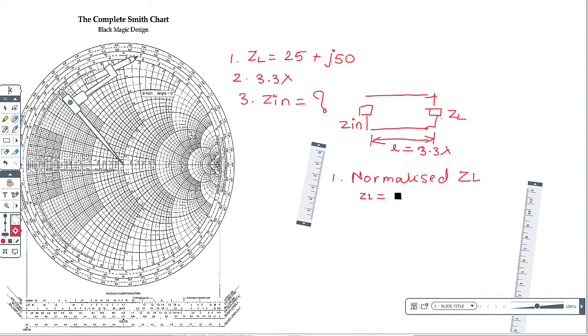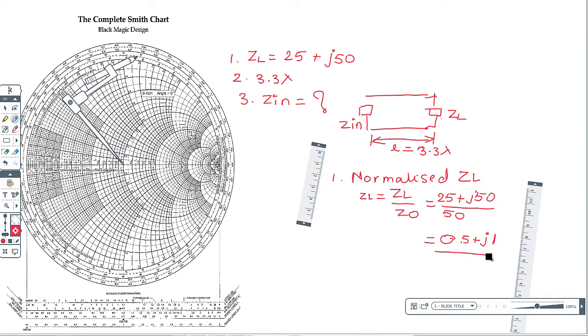We know that the characteristic impedance is 50 ohm, so divide ZL by Z0: 25 plus J50 divided by 50, so we get 0.5 plus J1. So this is our normalized impedance.